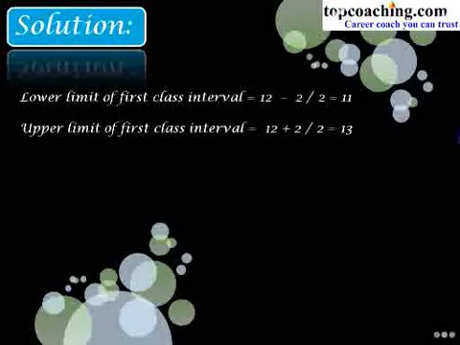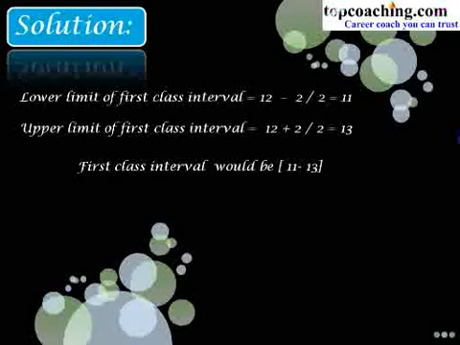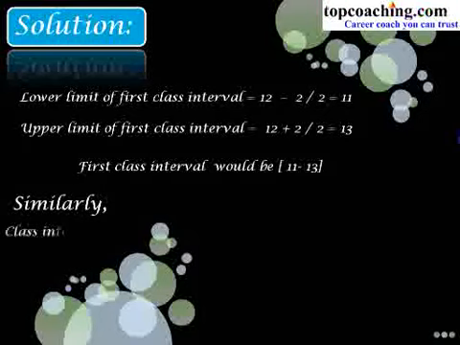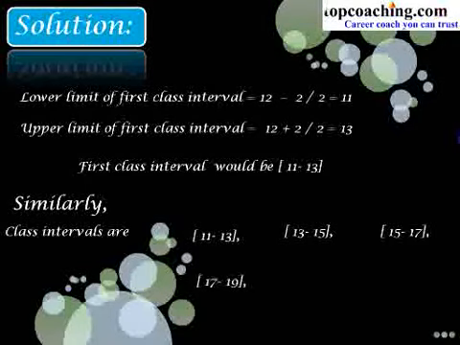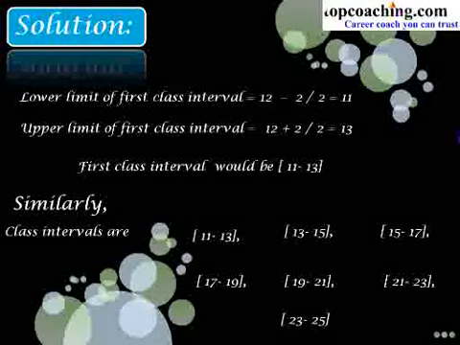So the first class interval would be 11 to 13. Similarly, the next class intervals would be 13 to 15, 15 to 17, 17 to 19, 19 to 21, 21 to 23 and 23 to 25.